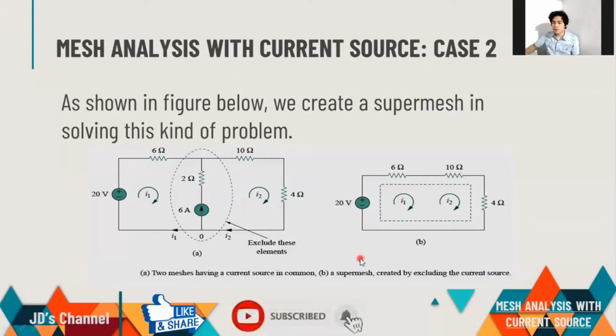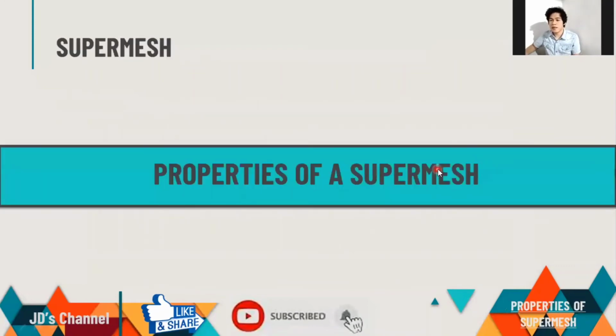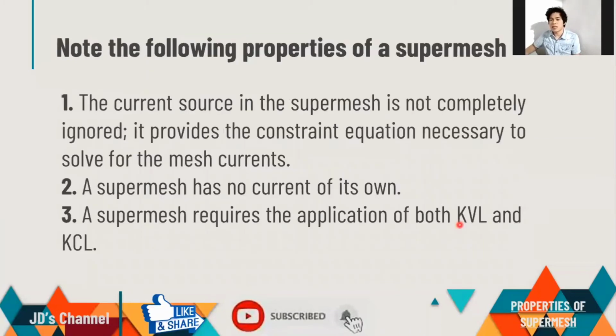Okay? So, super mesh results when two meshes have a dependent or independent current source in common. And meron din properties itong super mesh, so alamin natin yung mga properties niya.